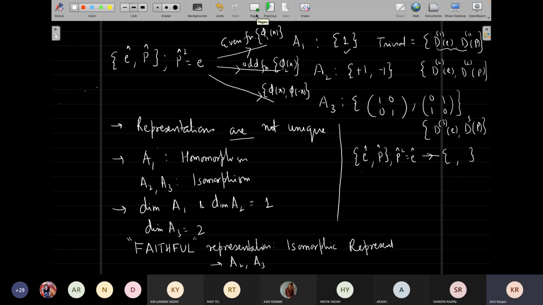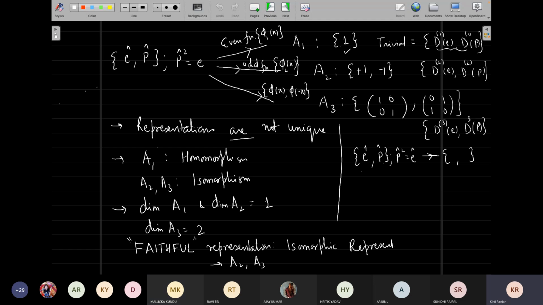Why do we call them faithful representations? Faithful is something like this: there were two elements, and there are exactly two. So if you want to reconstruct your E and P out of your representation, you can, and you see that there exist only two elements in the group. If it is not a faithful one, then you cannot figure out how many members were there in the original group, and hence you are not faithful to your original group.